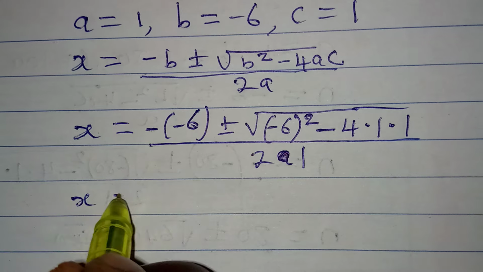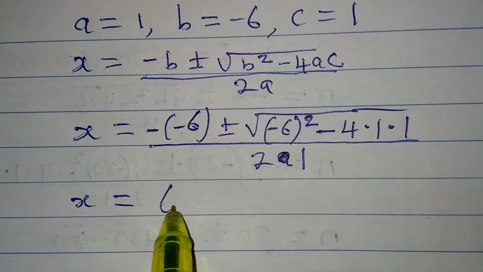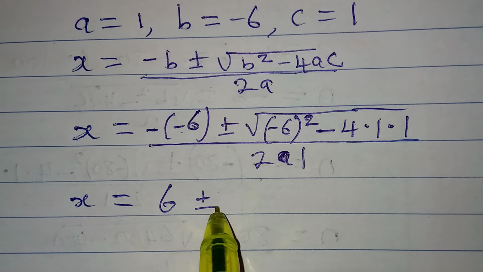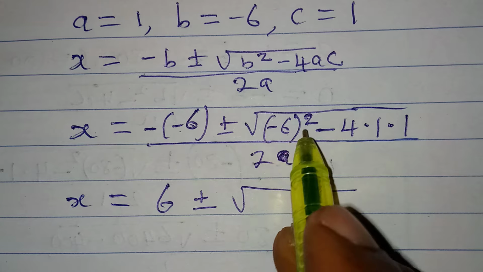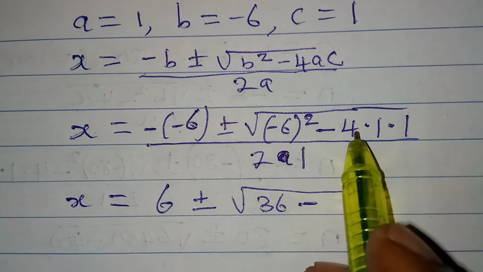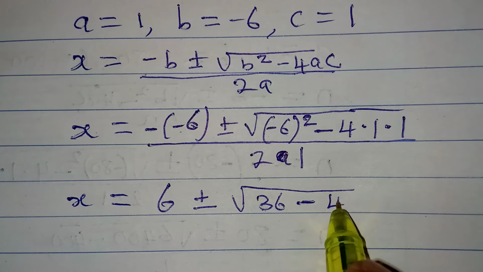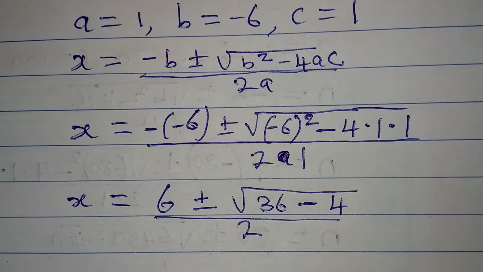Now let us continue with this. From here, x will be equal to negative times negative will give us positive, so we have 6 over there. Then plus or minus the square root of the square of minus 6, which is 36, minus 4 times 1 times 1, which is 4, and this is all over 2.